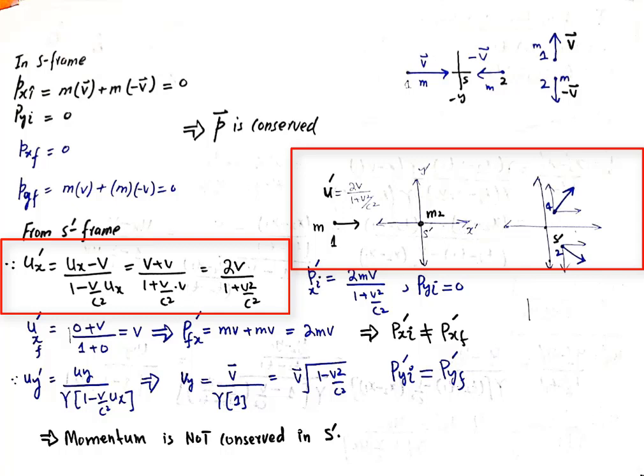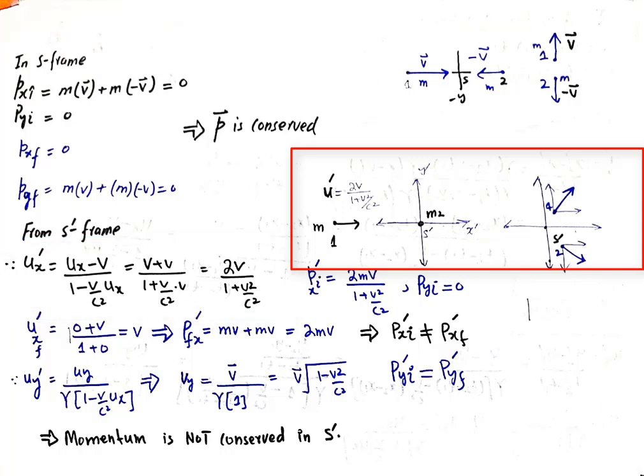Before the collision the velocity of particle 1 is v, so u_x equals v, and I can put v in place of u_x in this expression. Also the frame velocity in this case is in the negative x direction, so we have minus v as the frame velocity. This gives me (v plus v) divided by (1 plus v squared by c squared), which is 2v divided by (1 plus v squared by c squared).